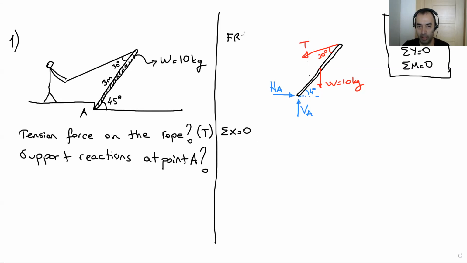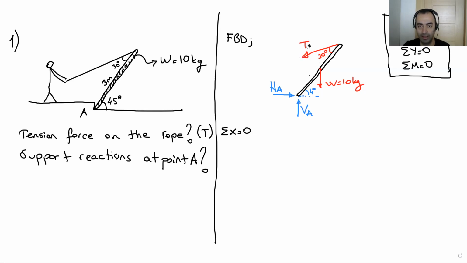Remember, free body diagram. So what we have here in X direction, we have HA here. And also we have T here. This is not in X direction, but if we resolve this T to its perpendicular components, we are going to see there will be a horizontal component.